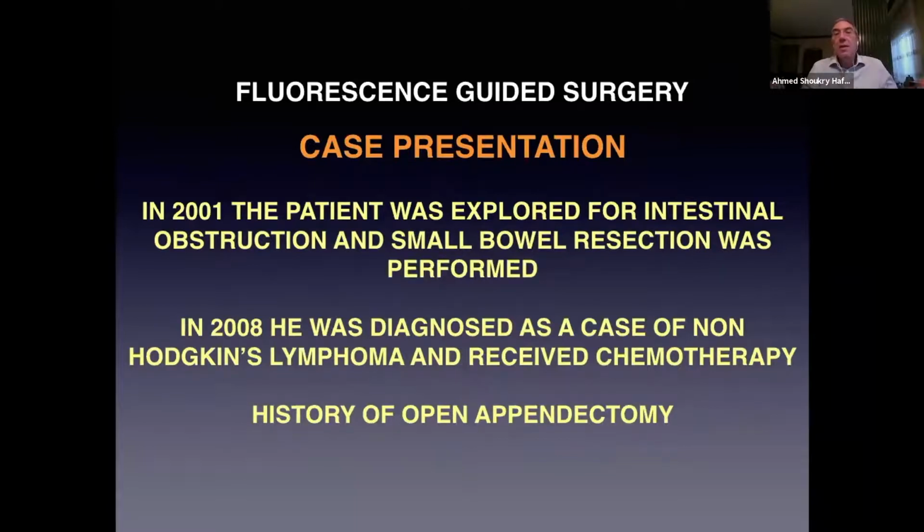He said that he had a small bowel resection, and there was absolutely no data about that, no medical reports, no X-ray or imaging studies from that event. Then in 2008, he developed non-Hodgkin lymphoma, for which he received chemotherapy, and he's now in remission. In addition, he had also an open appendectomy. So a lot of complexities in addition to his ultra-low rectal cancer.